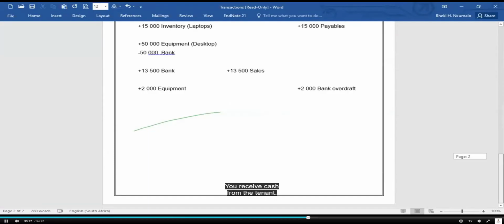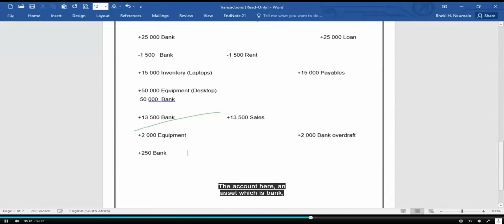The account here is your asset, which is bank, and then your equity will increase. This is rent. Sometimes there is rent received, rent paid. This one was rent received.